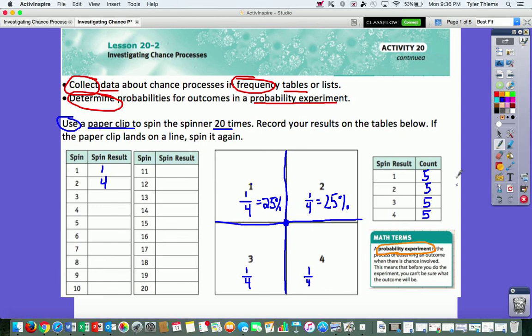It could be the case, but usually it's not going to be. What I want you to do now is go ahead and try this probability experiment on your own. Take your paperclip and spin it 20 times, record your results in the table, and see how close to 1/4 or 5, 5, 5, 5 you get. Press pause and do that now.